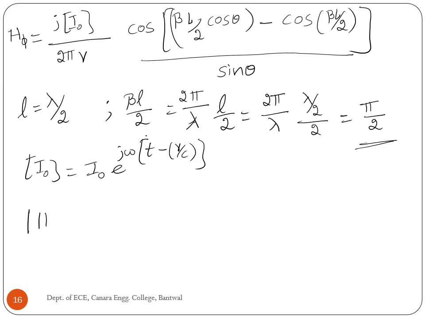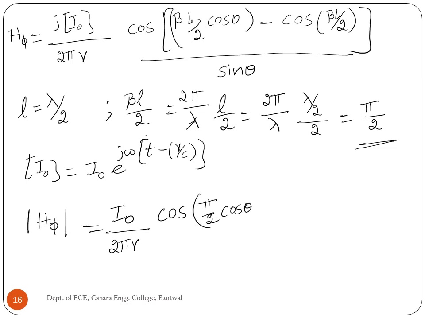Therefore, absolute value of H phi is equal to I naught divided by 2 pi r, cos of pi by 2 cos theta minus cos of pi by 2, which is 0, divided by sin theta.